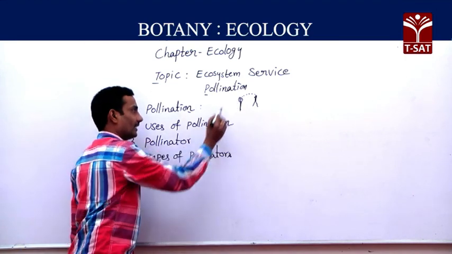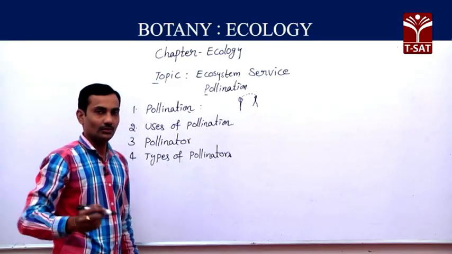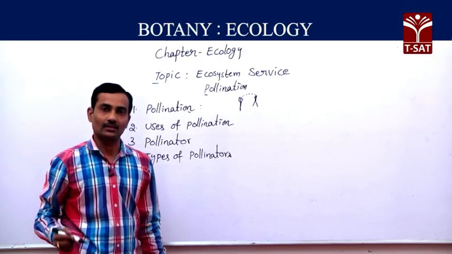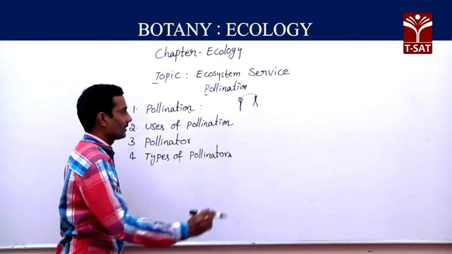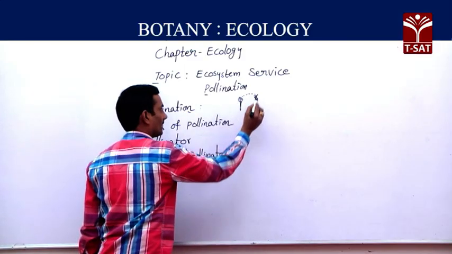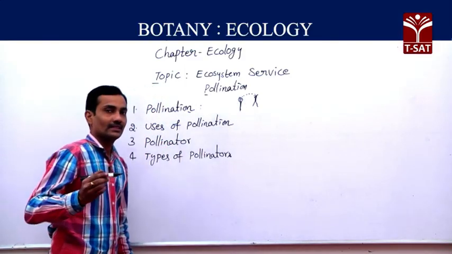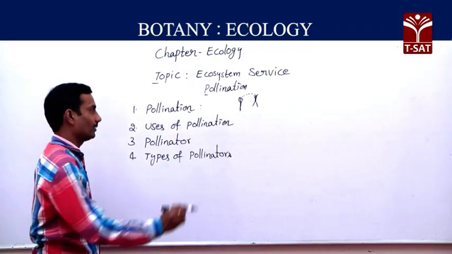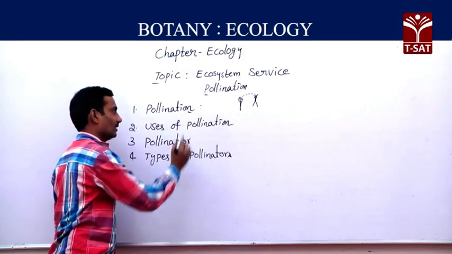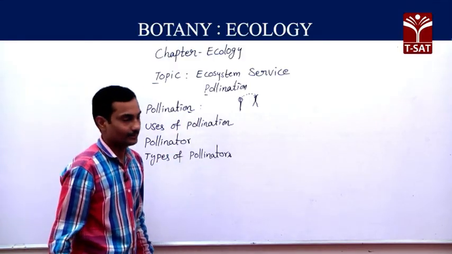The pollen grains usually consist of male gametes. These pollen grains are carried to the stigma of the flower. That process is called pollination.